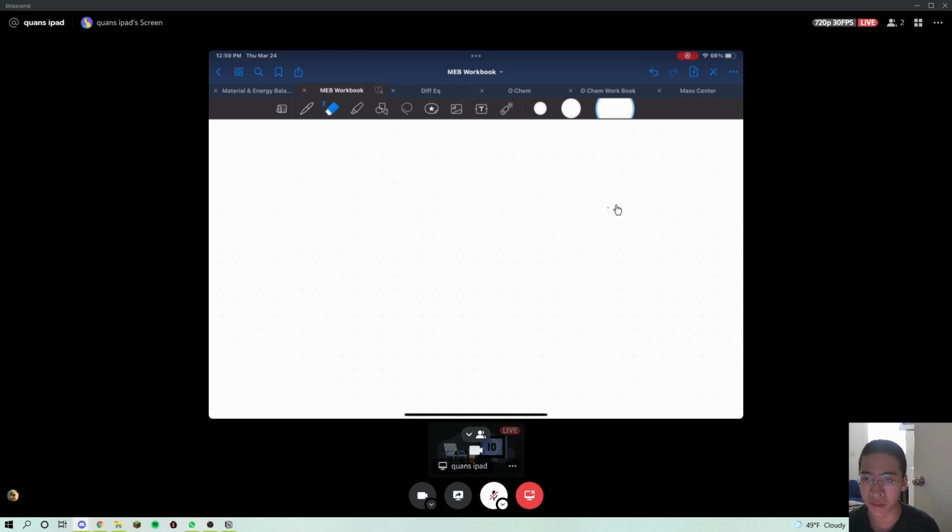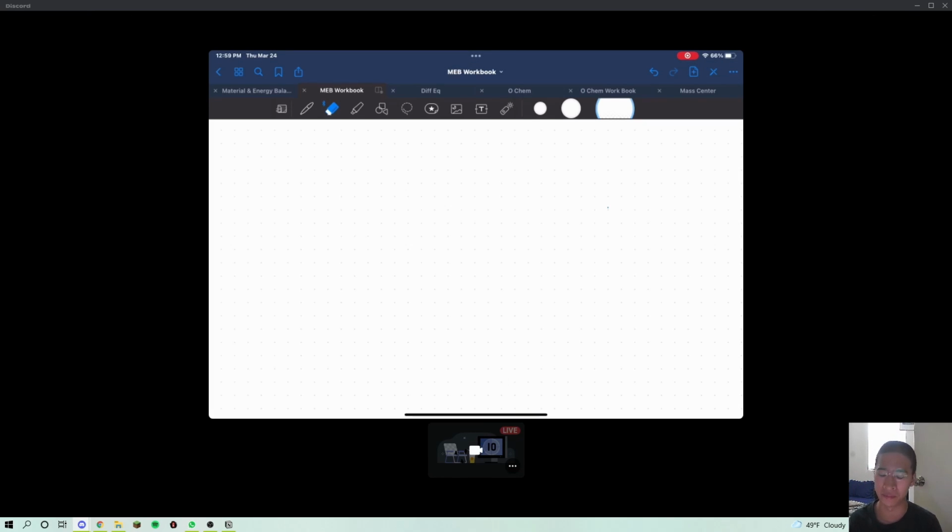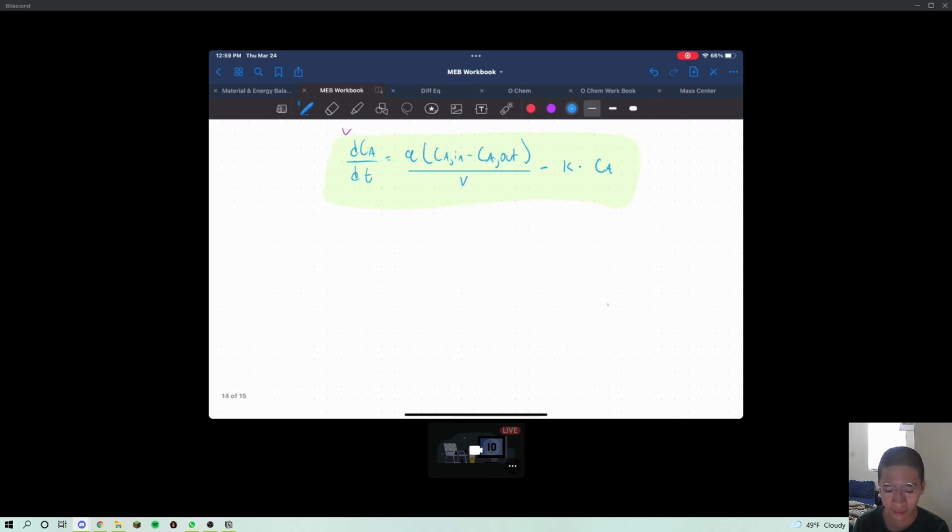At this point we're ready to start deriving the second differential equation, which is our mass energy balance. Notice how I start with the derivative of the concentration of A with respect to time, because once I make Python solve this differential equation, I get an equation that can model the concentration of A as time progresses.